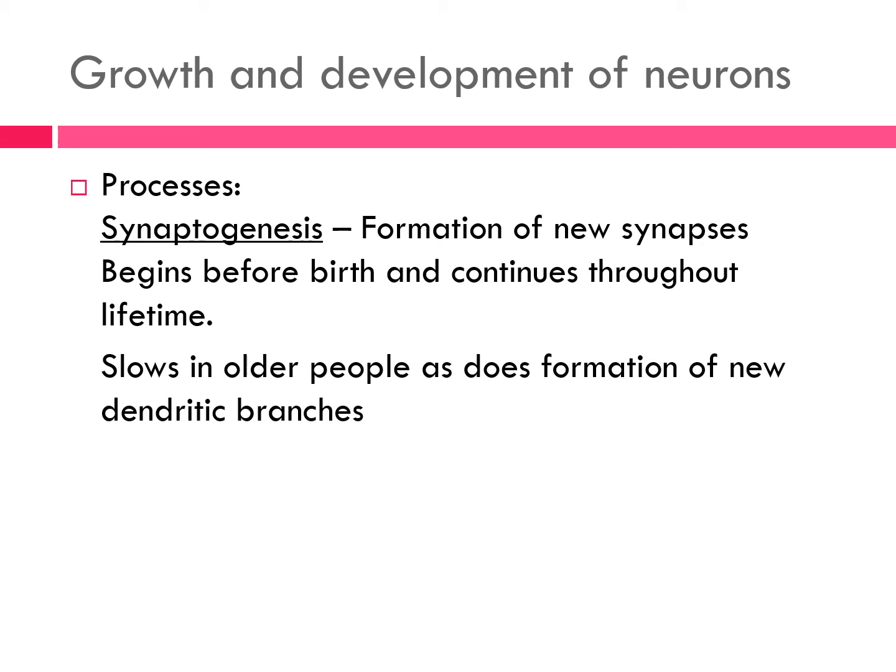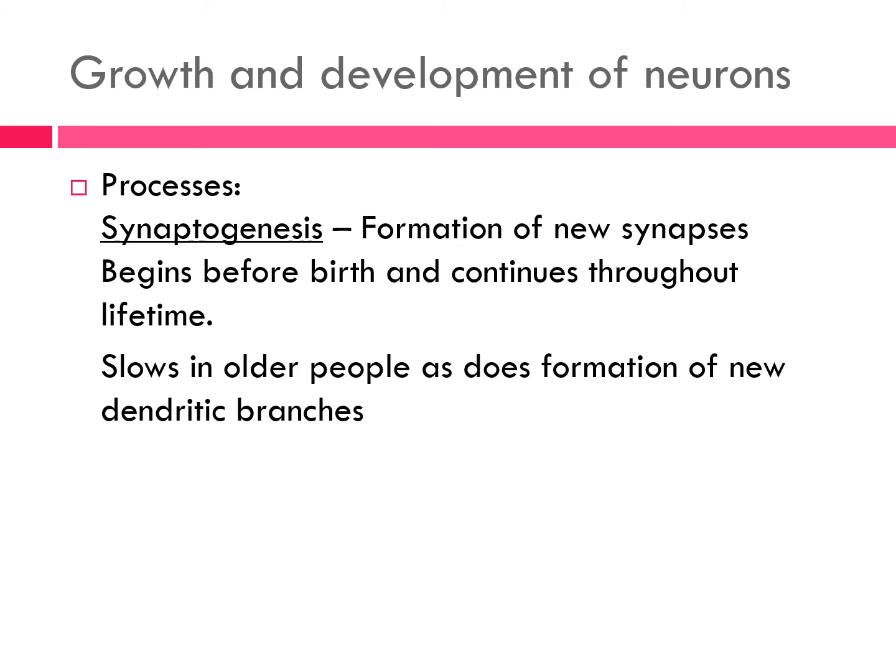Okay, we have synaptogenesis. So once we have those axons and dendrites and they start to meet up with their targets and communicate with each other, we see the formation of new synapses. This begins long before birth, and it continues throughout our lifetime. So we're going to see a few times this bit of proliferation of neurons and some synaptogenesis, creation of new synapses.